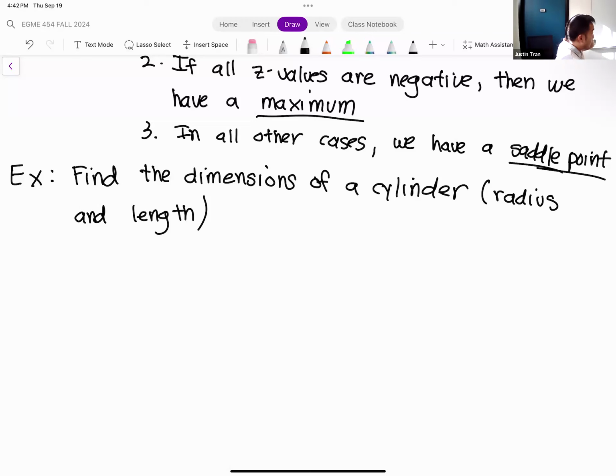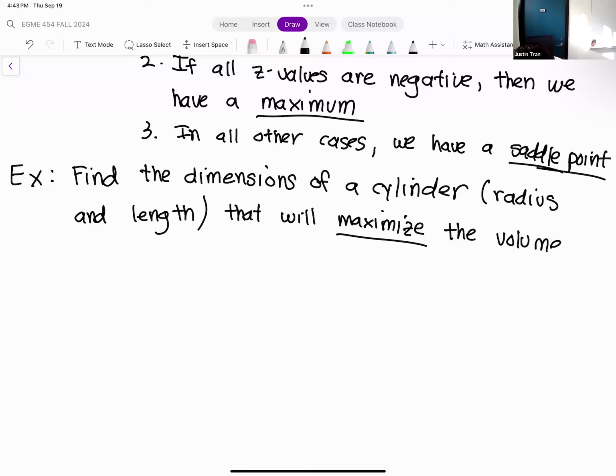So we know already off the bat that we have a two-dimensional optimization, two design variables. And just like the example we did on Tuesday, we want to maximize the volume of the cylinder. So we need a constraint in this case.